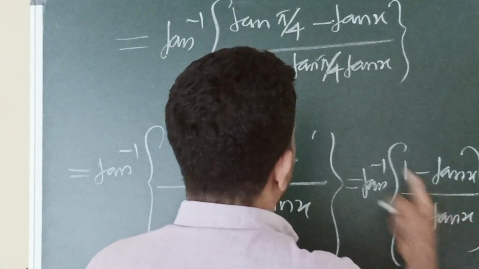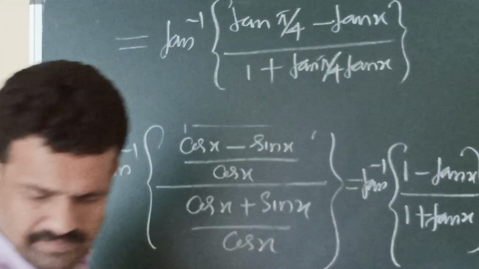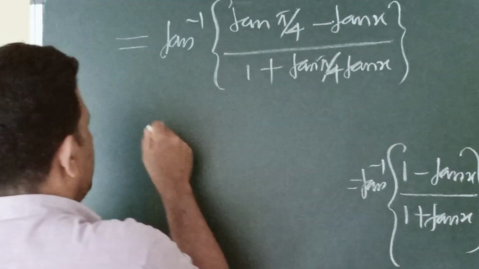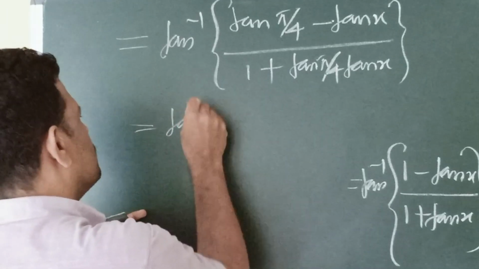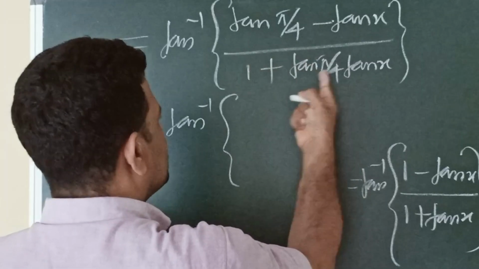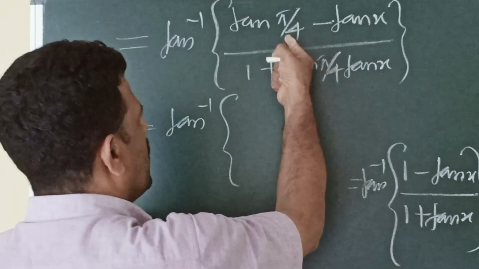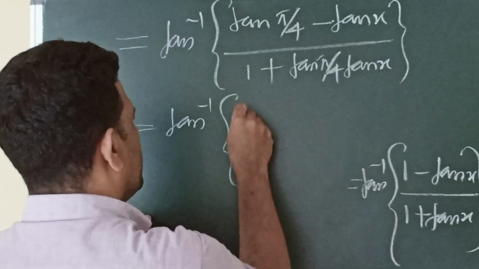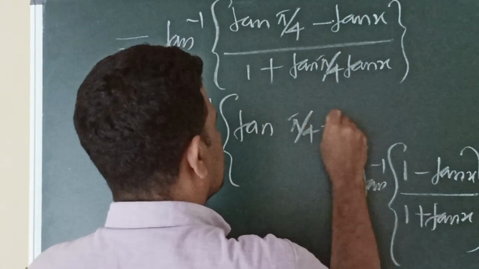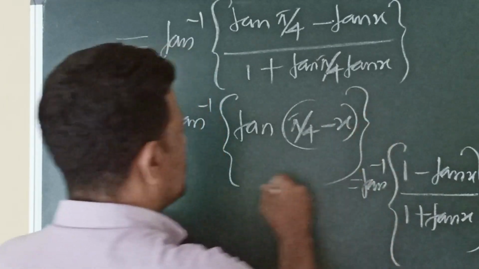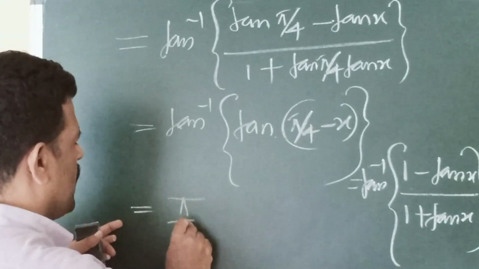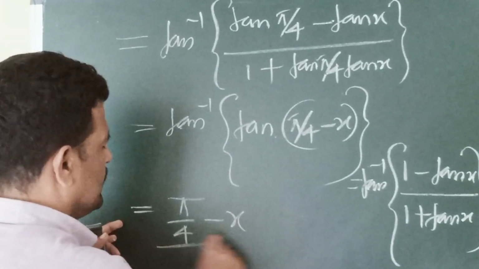Here tan x can be tan pi by 4 into tan x. Now, that is tan inverse. It is of the form tan A minus tan B divided by 1 plus tan A tan B. A is pi by 4 and B is x. Therefore, we can write it as tan pi by 4 minus x. That is tan inverse tan, cancel, and we get pi by 4 minus x. That is the simplest form.